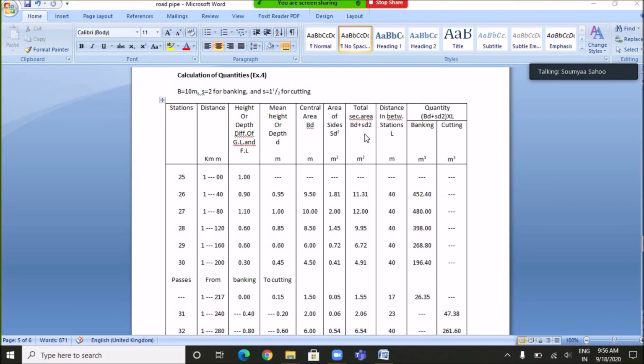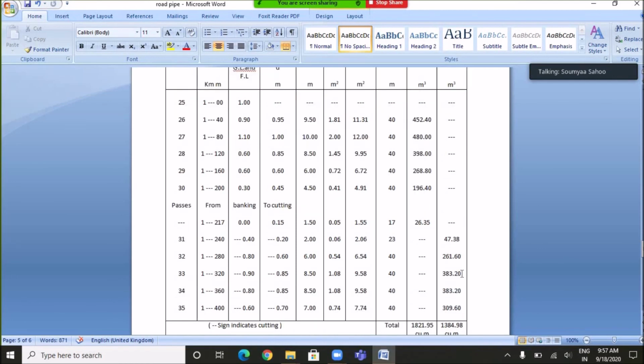Then total area of the section is calculated by adding the central area and the area of sides. And the distance between the stations is 40 meter. So the total area of the section is multiplied with the distance to find out the quantity of banking, and then next the quantity for cutting is also calculated.